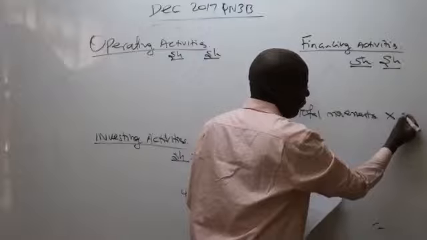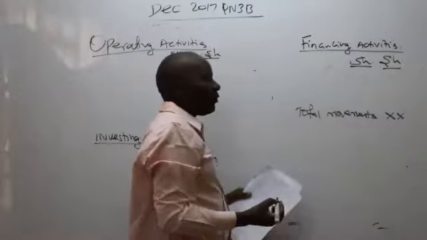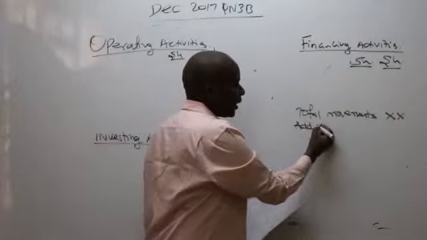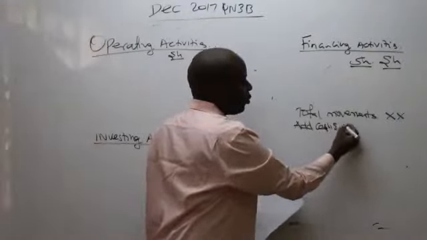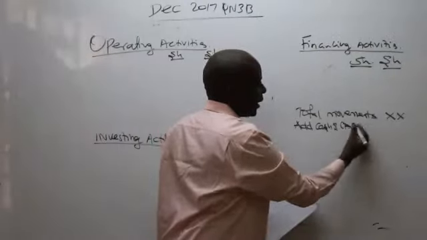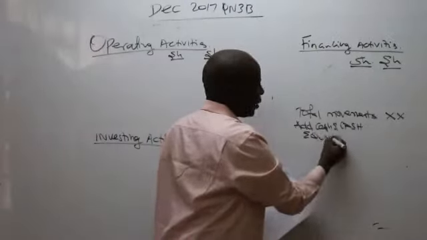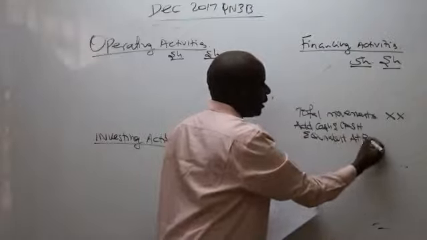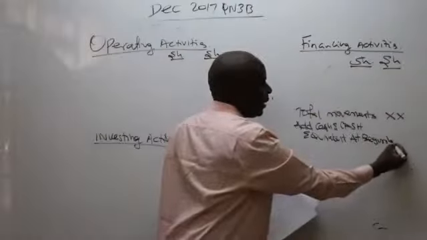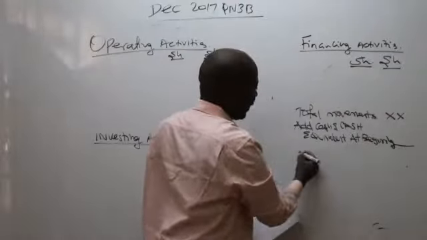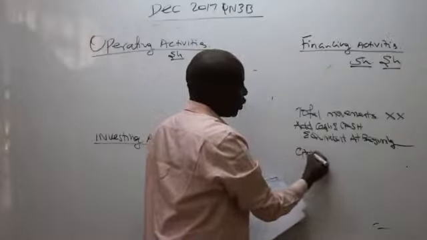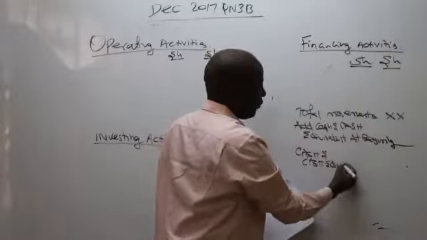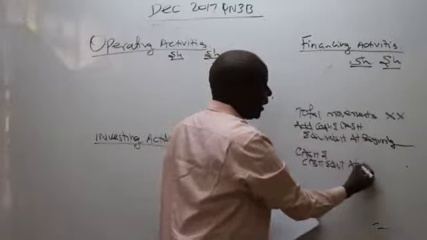Then I'll add cash and cash equivalents at the beginning, brought forward, and the moment I add like that, I should get the cash and cash equivalents at the end.